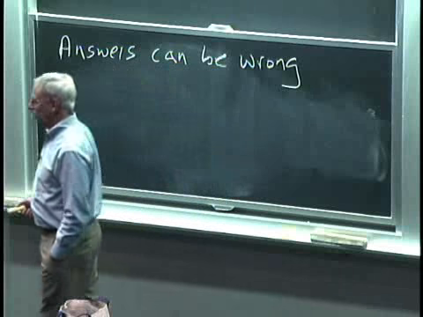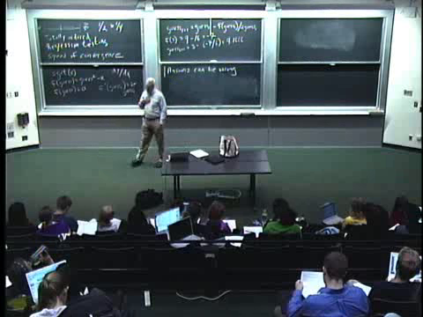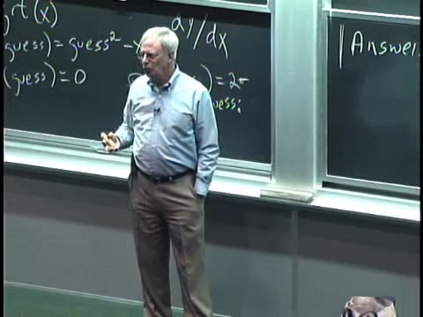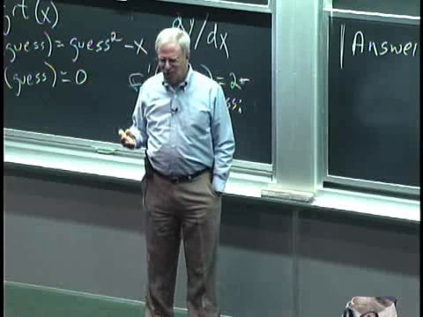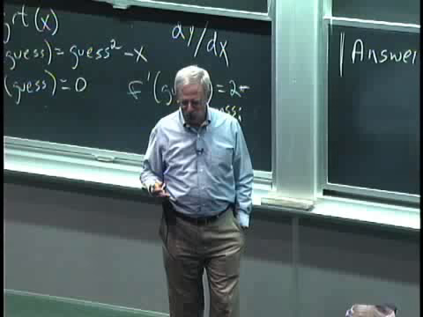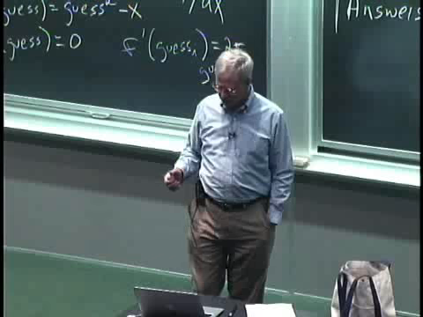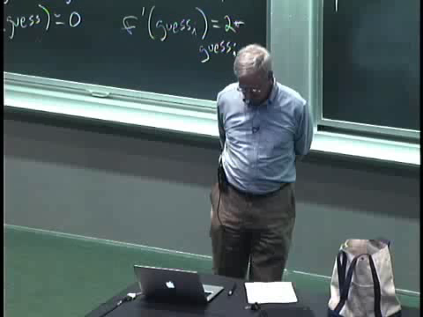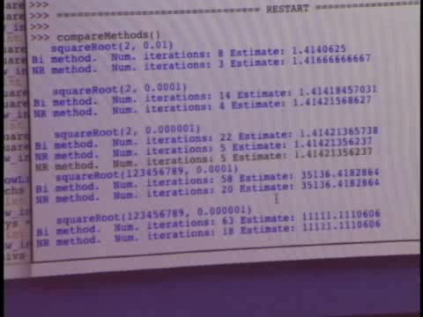And so something I find myself repeating over and over again to myself, to my graduate students, is when you get an answer from the computer, always ask yourself, why do I believe it? Do I think it's the right answer? Because it isn't necessarily. So if we look at what we've got here, we've got something rather peculiar, right?